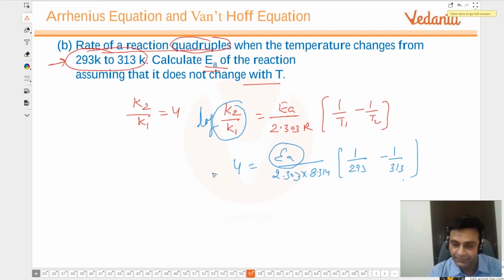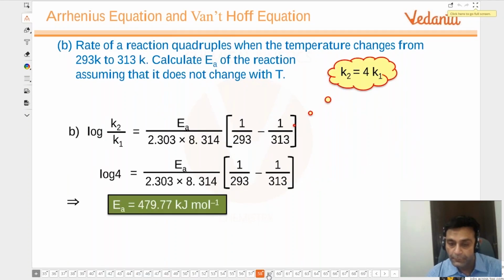Okay, I got you. I'm sorry. Is that clear? Right. Last time I also gave you how to get the log value even without a log table. That's it. That's how we have to calculate.